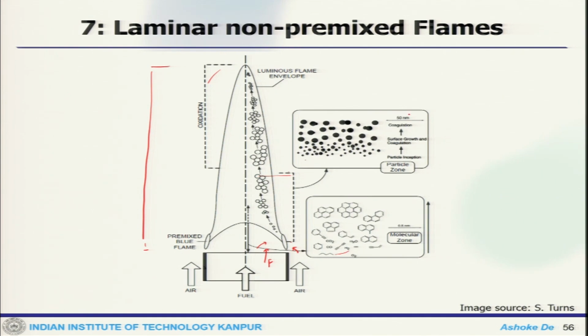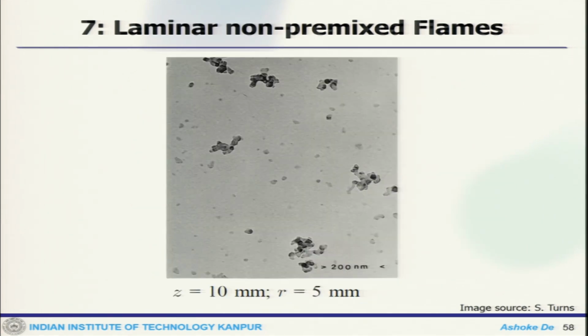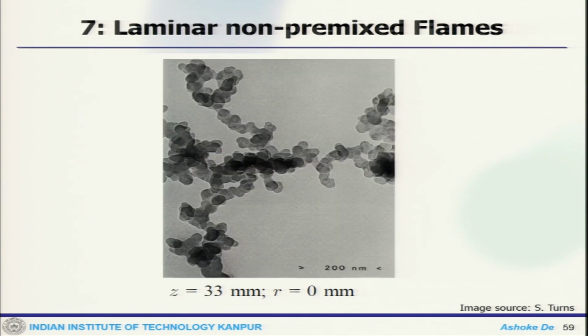Beyond that, there is an oxidation process which is quite different for different flow rates. These are the typical images of soot one can see under microscopes.